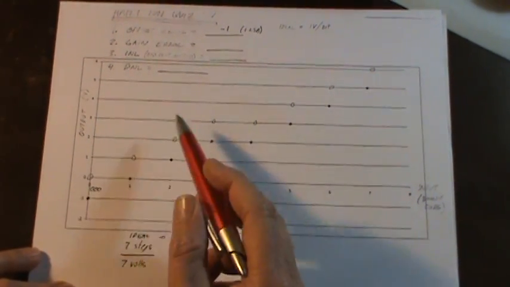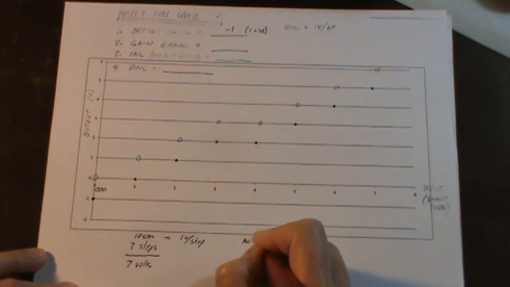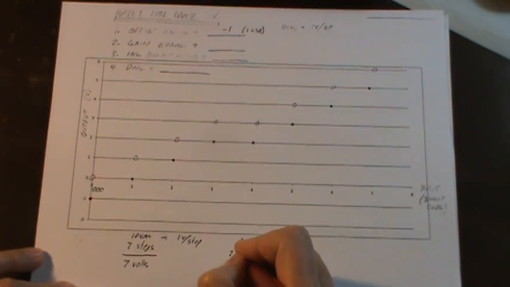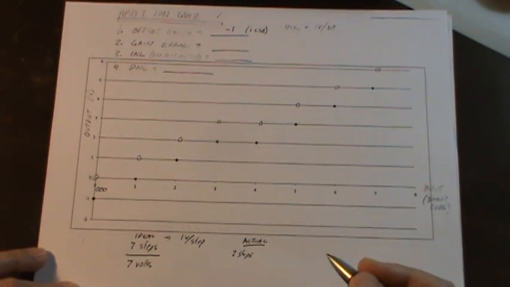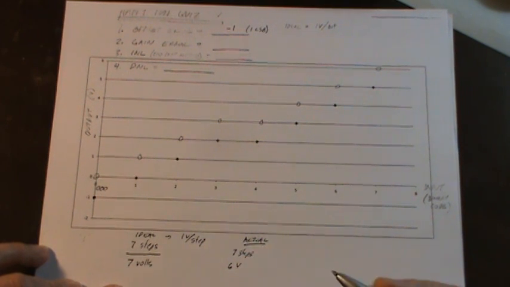Okay, well, ignoring or subtracting out the offset error, what I see is, in actual, I change by 7 steps, but my voltage changes from -1 to +5, which is 6 volts, full range.